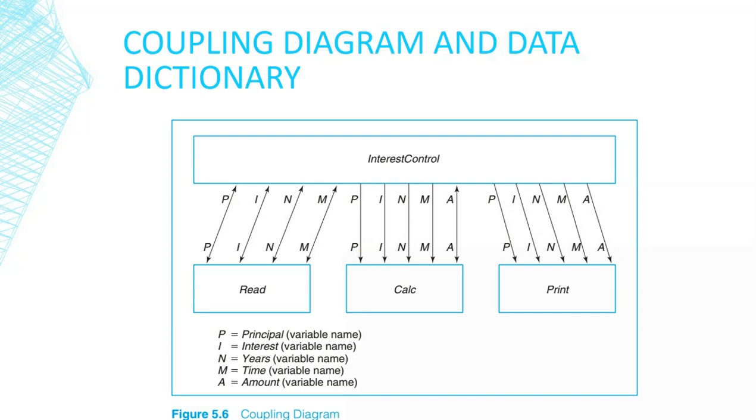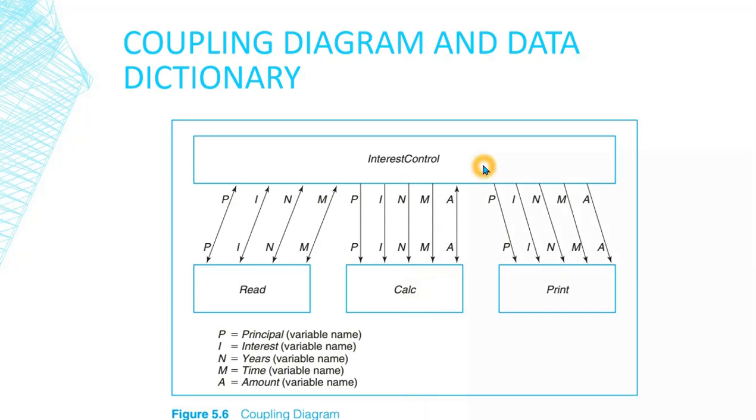We don't need to change the principal, the interest, or the number of years, because all these are entered from here, so they do not need to be changed. But we need to calculate the amount according to the equation. So this is why we send the A by reference.